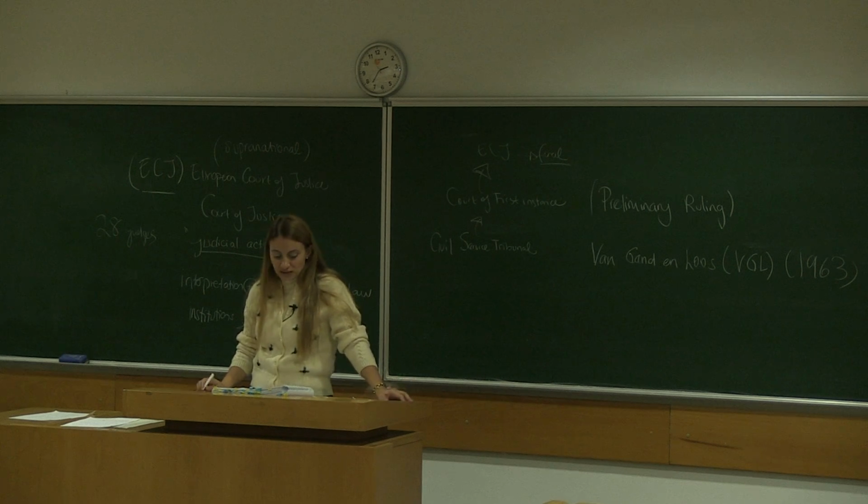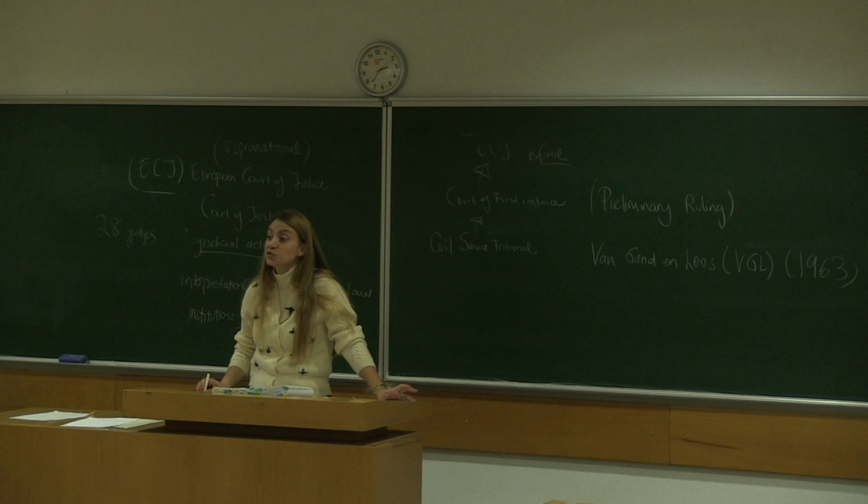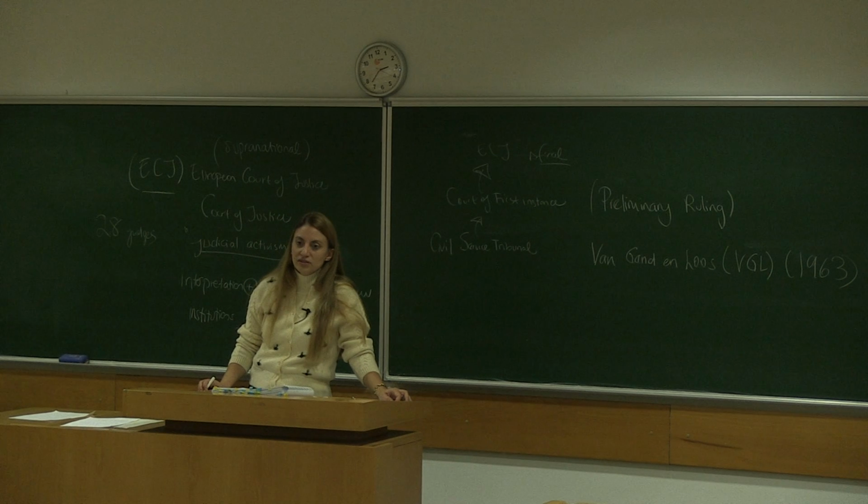And the Dutch authorities charged the company an import duty. And as you know, at that time, Van Gend en Loos claimed that it was contrary to the European Economic Community Treaty. You're not supposed to be charging a duty in terms of importing a substance from one member state to the other member state.